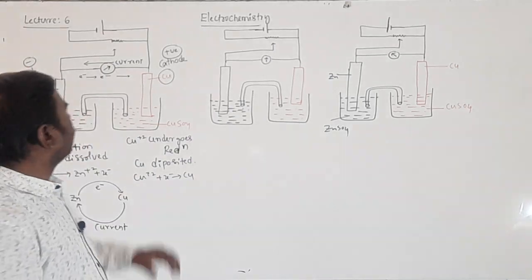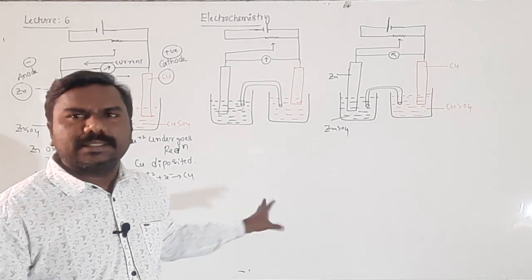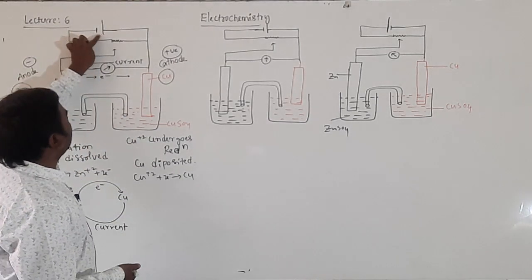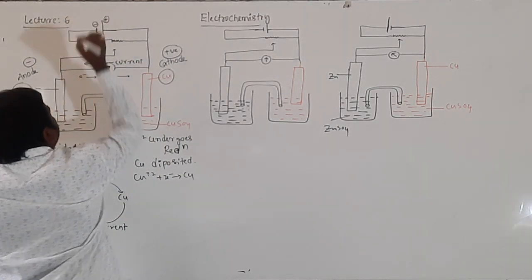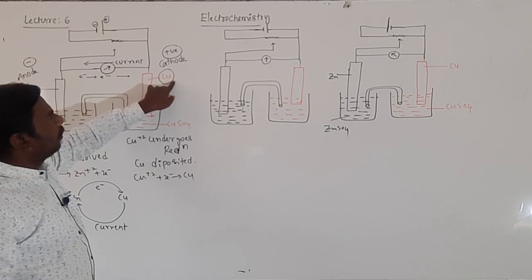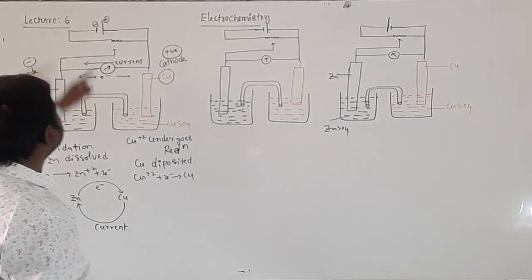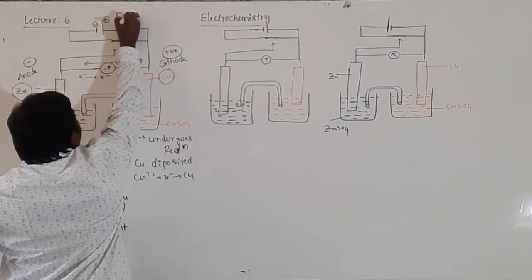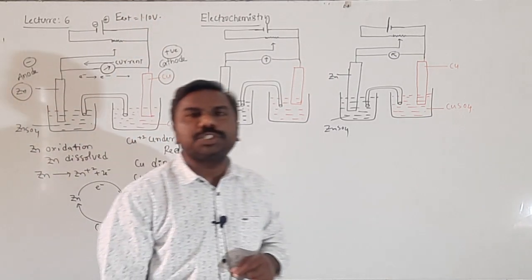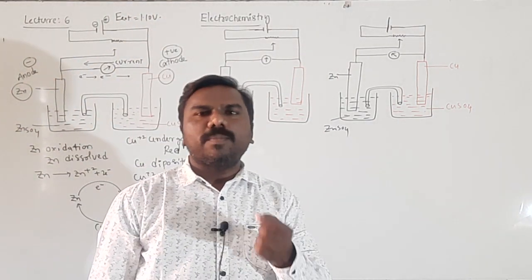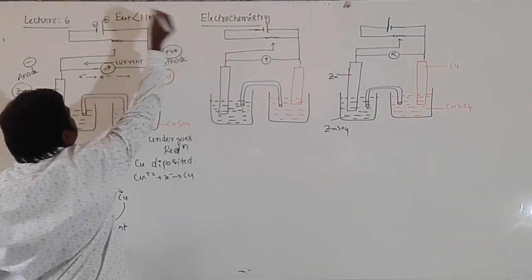Now I put an external circuit, a battery, which has a high potential and a low potential. High means positive, low means negative. The positive terminal is connected to the positive rod and the negative terminal to the negative rod. By this battery I can apply some external voltage, which is less than 1.10.